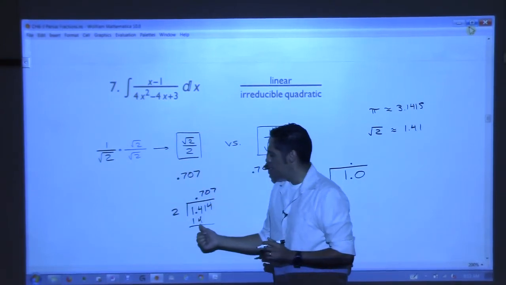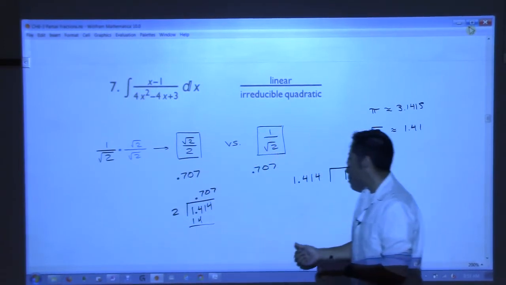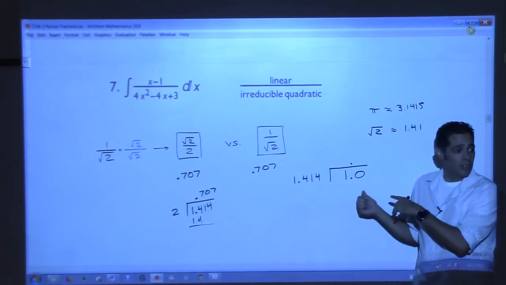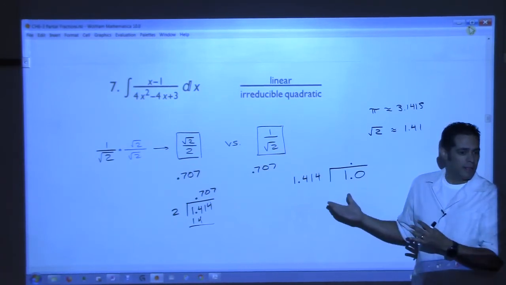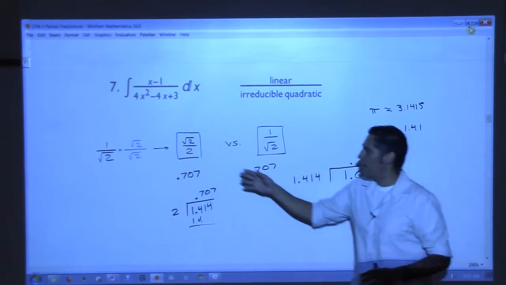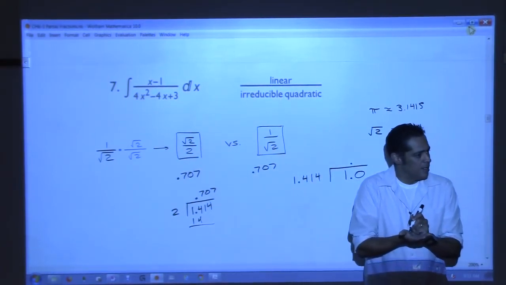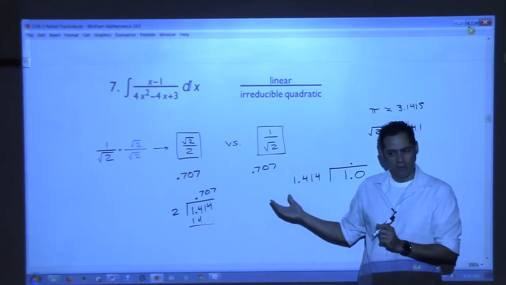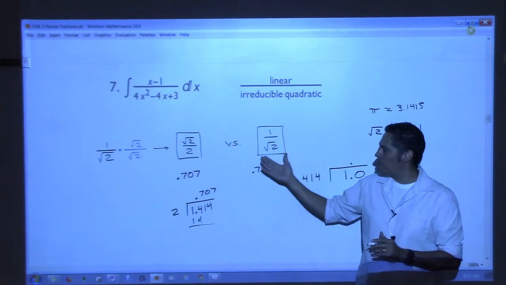It's a lot easier to put an integer into a decimal than it is to put a decimal into an integer. Does that make sense? That's why you want to rationalize your denominators, because arithmetically, by hand, it's easier to do. This is obsolete. Do you understand that? This is an obsolete thing.